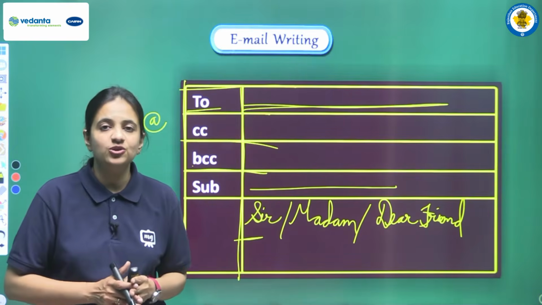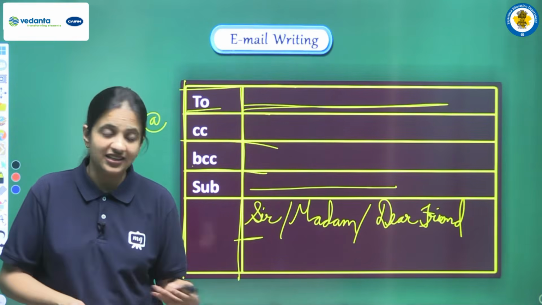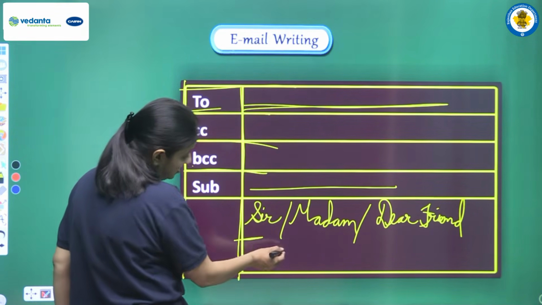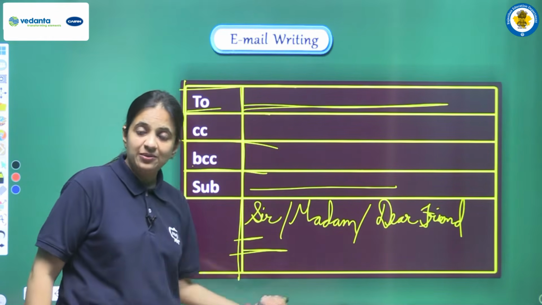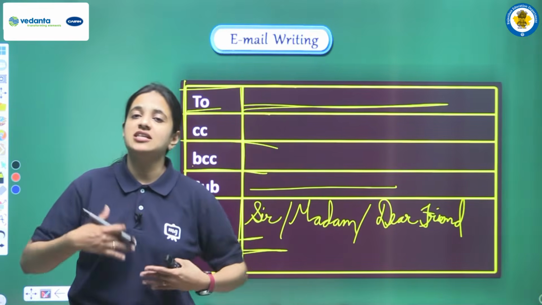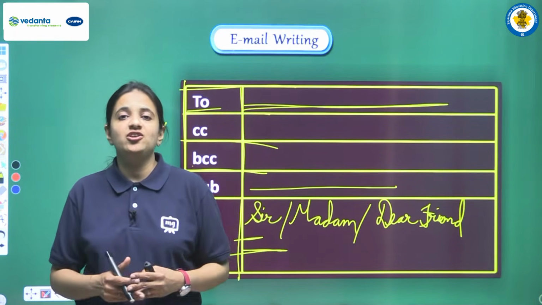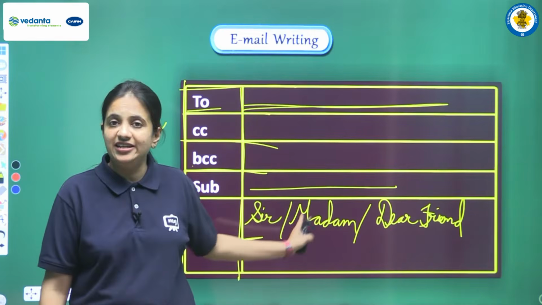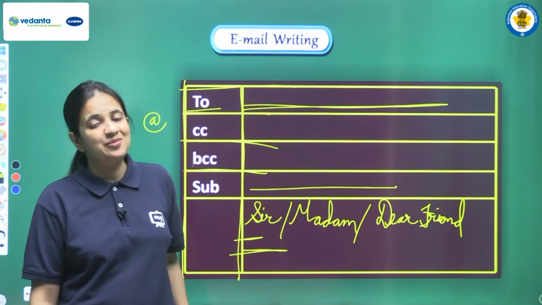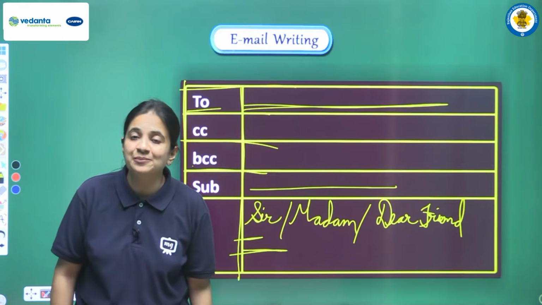And when you have written all your matter, then at the end again you have to write a perfect ending of your email. So then you have to write yours obediently, you can write yours affectionately, depending on the person whom you are writing the email. And then at the end of the email you have to write your name.